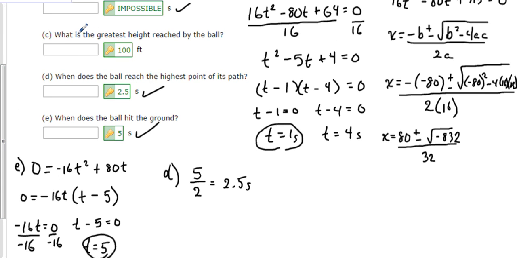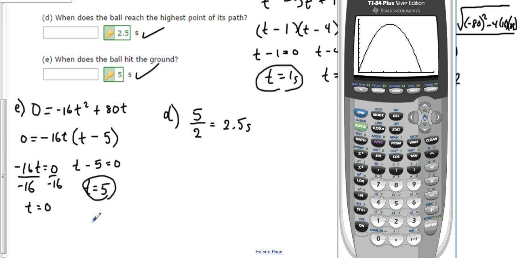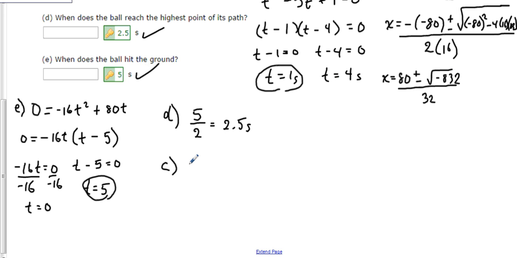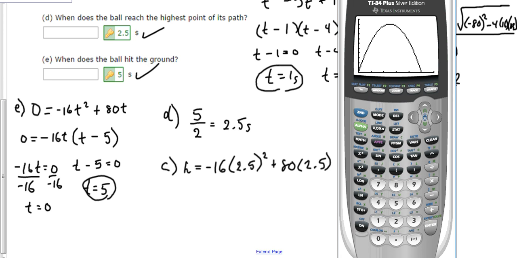Now we're going to go back to C. What is the greatest height reached by the ball? The greatest height reached by the ball is going to be at this value of 2.5 seconds. So for part C, what we'll do is plug in 2.5 seconds. So negative 16 times 2.5 squared plus 80 times 2.5. And let's figure that out in our calculator.